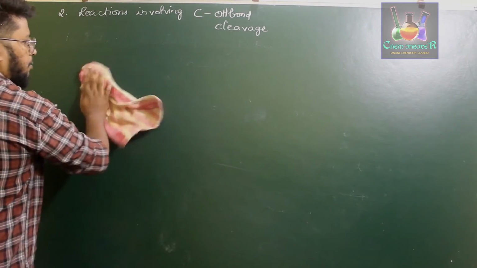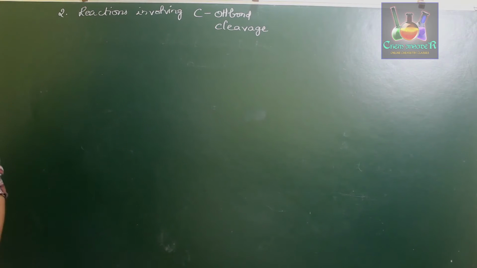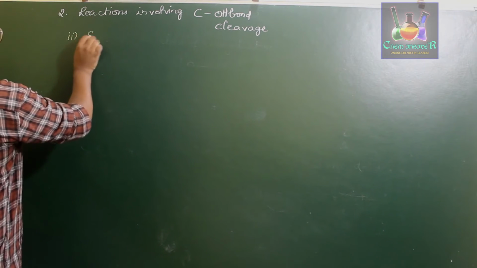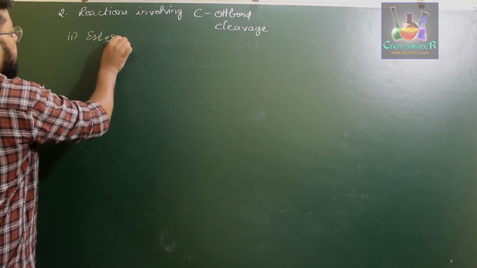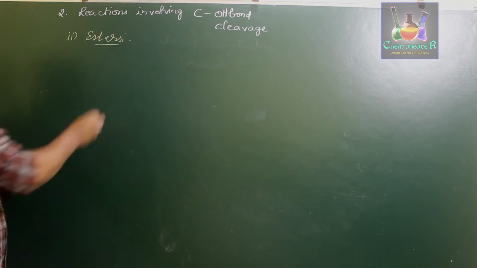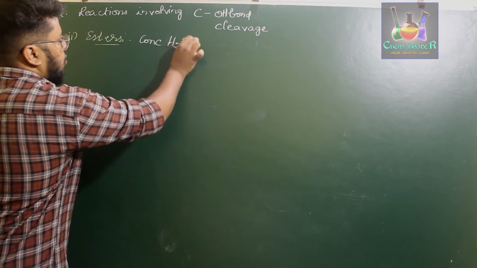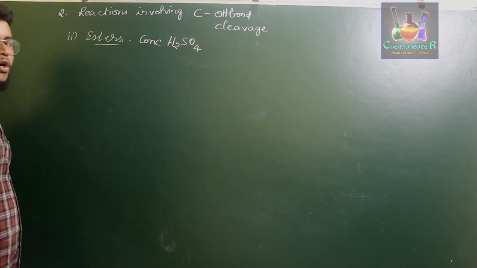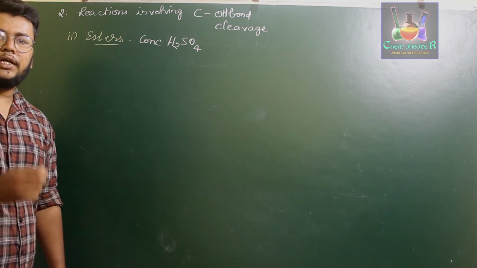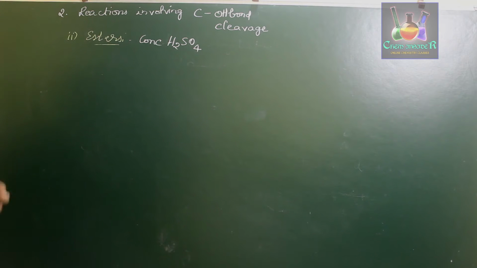So when you treat carboxylic acid with an alcohol molecule, it will form esters. They form esters under acidic conditions. So what happens here is, in the presence of concentrated H2SO4, which is a strong dehydrating agent, alcohols react with carboxylic acid to liberate a molecule of water, that is nothing but the dehydrolysis process, to form esters.